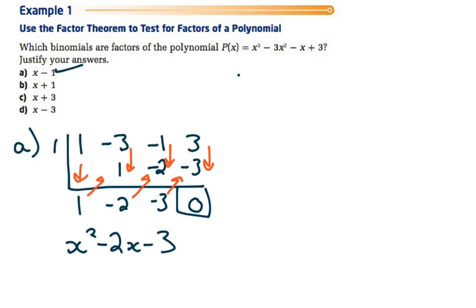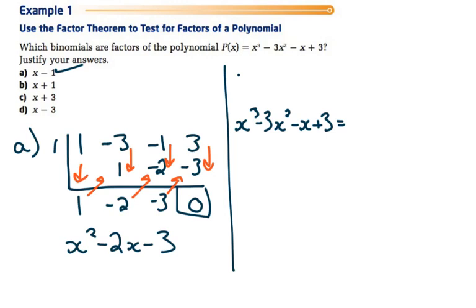And now to write this out completely mathematically correct, we would have that x cubed minus 3x squared minus x plus 3 equals what we divided by, that'd be x minus 1, times what our quotient was, x squared minus 2x minus 3.